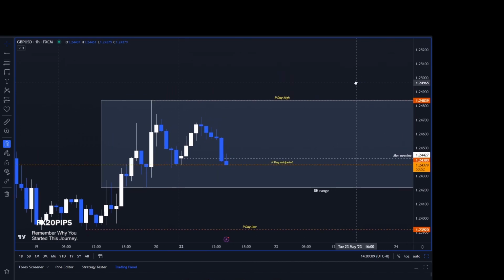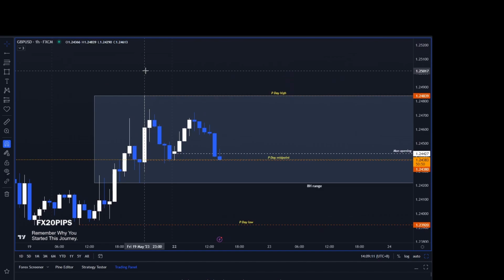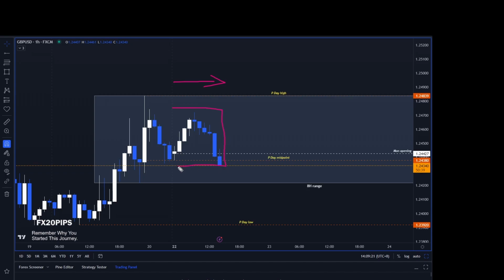Okay, so let's try to draw some buy and sell zone. How do we look at it? We look at today, and up to now is the Asia session, isn't it? So the highest point is here with the body around here and here. So we can draw a box here like this.